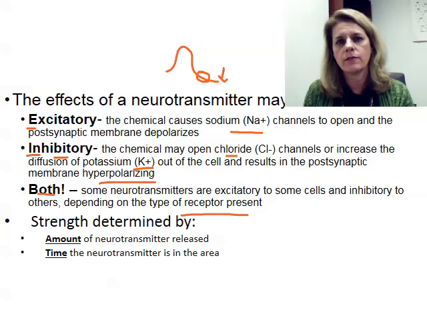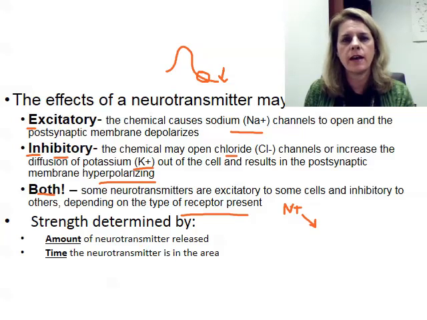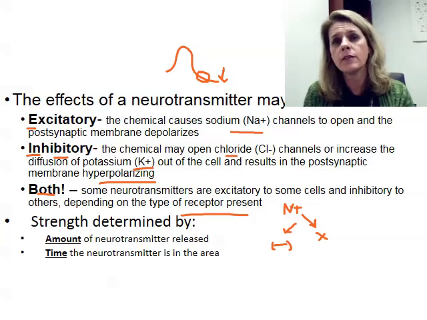So let's just give it the word neurotransmitter. If it was to bind a receptor, say, in your skin, I'm just making stuff up, okay? It might be excitatory. If it bound a receptor, say, in your big toe, it might be inhibitory, depending on the type of receptor.